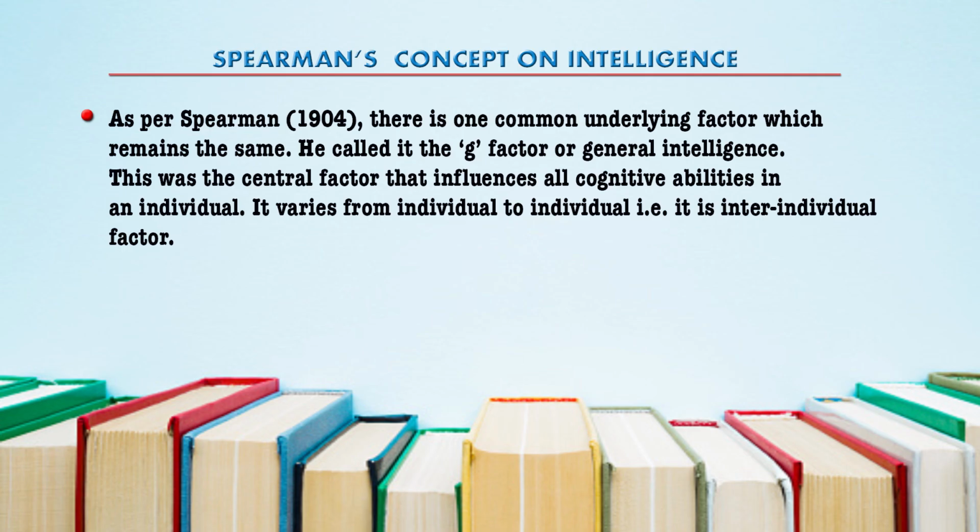It varies from individual to individual, that is, it is an inter-individual factor. The general factor may be reasoning, perception, or understanding. These general factors exist with every individual. That is why these are common, or you can say universal, factors.